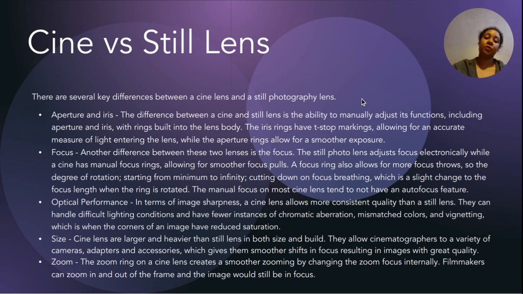It's best to manually focus when you use a cine lens, because auto focus doesn't always achieve what you want. So to manually focus, you zoom into a subject that you're focusing on, and then you do it until you can't zoom in anymore. Then you press the manual focus and you pull out.